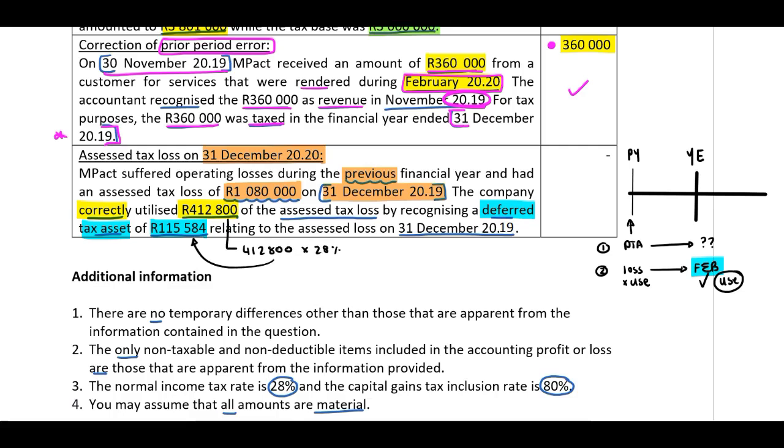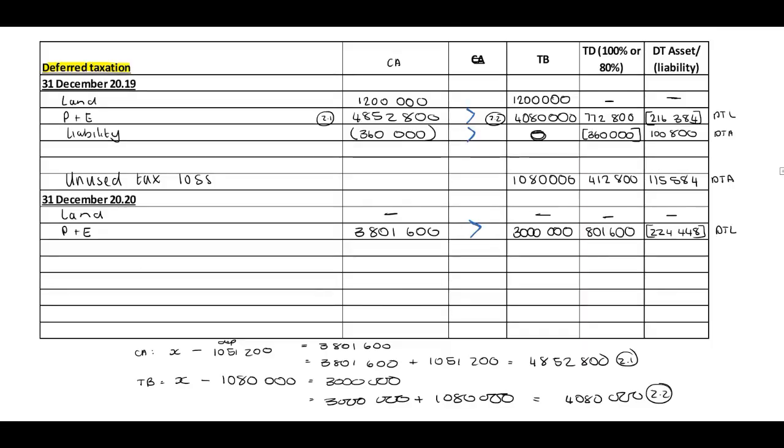Now, what does this actually mean? If we include the information in our deferred tax, we will have an assessed tax loss line item in our deferred tax. We have a loss of 1,080,000, of which we were able to only recognize, guys, and this is important, we were only able to recognize a deferred tax asset of 115,584.